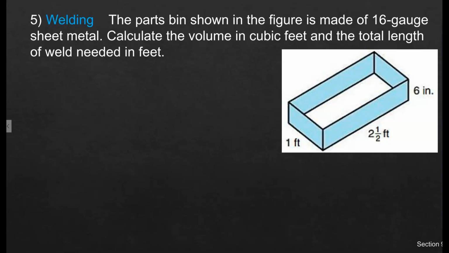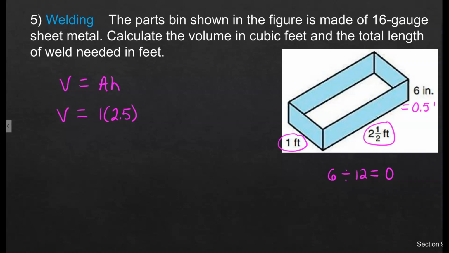So to find our volume, we need the area of the base times the height. By the way, this is an open container, so it's open at the top. So the volume is just going to be the area of our base, which is 1 times 2.5, times our height, which is 6 inches. So we want to make that 0.5 feet, right? 6 divided by 12, and we can convert that to feet.